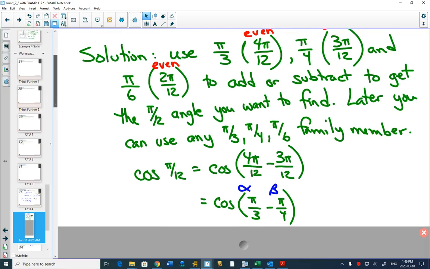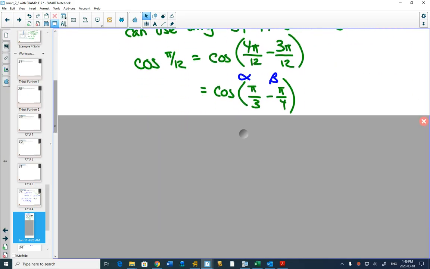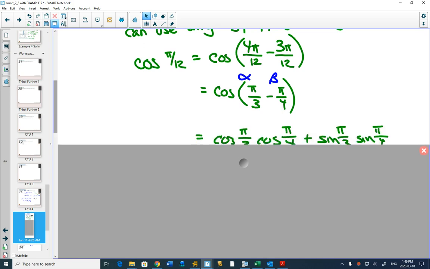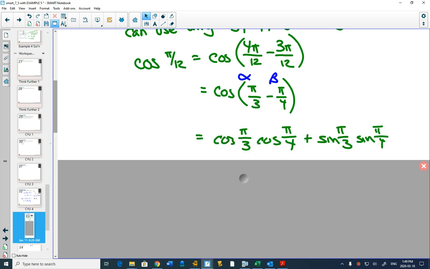Then, once you've got cos of pi over 3 minus pi over 4, you go to your alpha and beta formula. Pi over 3 is your alpha, pi over 4 is your beta. Plug everything in, and everything's on your unit circle. Guaranteed to work every time.